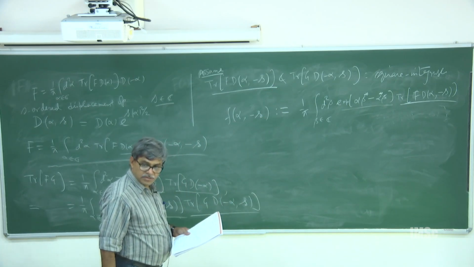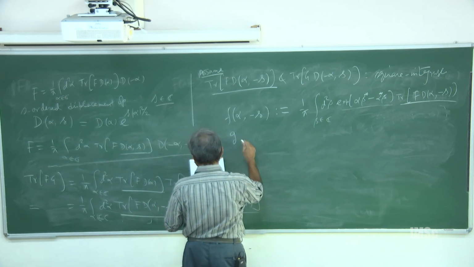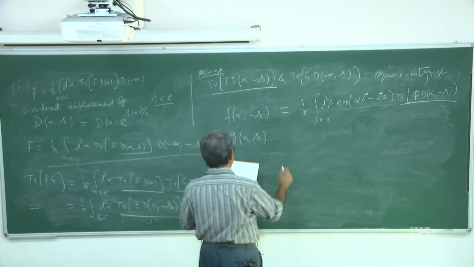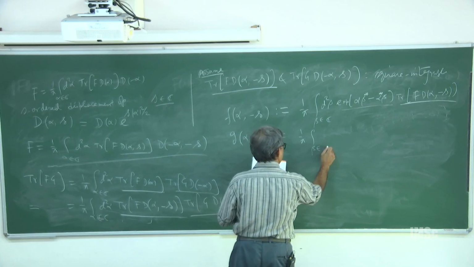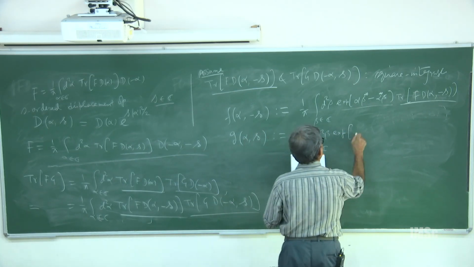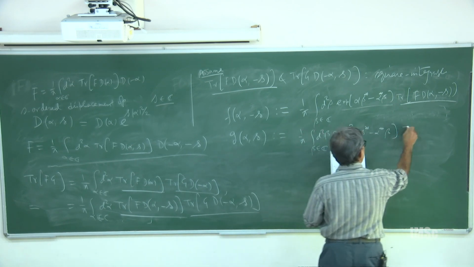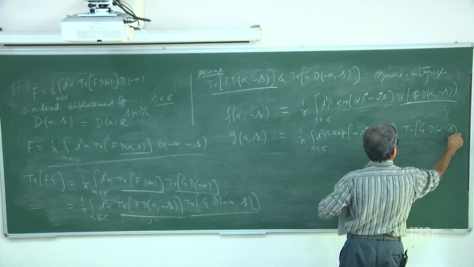Okay, right. And similarly, you assume that g of alpha and s is 1 upon pi, integral over beta belonging to C, d square beta, exponential of alpha beta star minus alpha star beta, times trace of g D of alpha s.